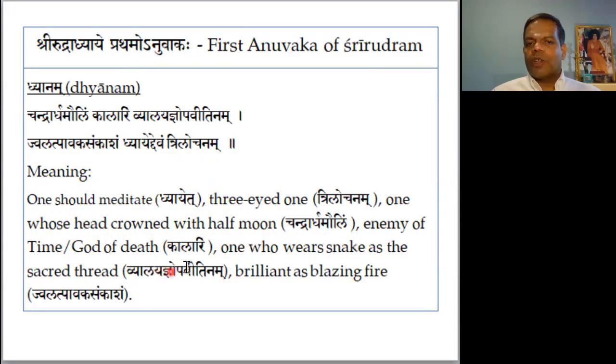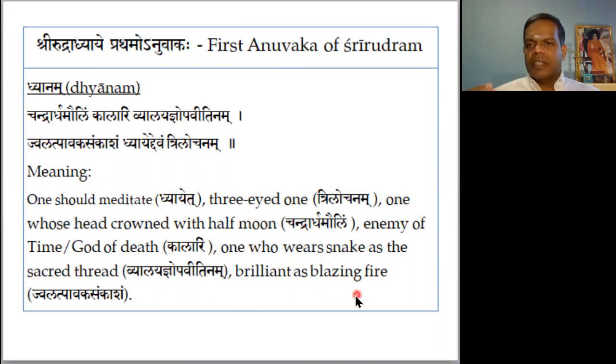Enemy of time, god of death. Kala Ari, Kalari. Okay, one who is the enemy of death itself. Kalari, or time. One who wears snake as the sacred thread. Vyala means snake. Yagnyopavitinam. Yagnyopa means the sacred thread. So he wears a snake as a sacred thread. Brilliant as blazing fires.